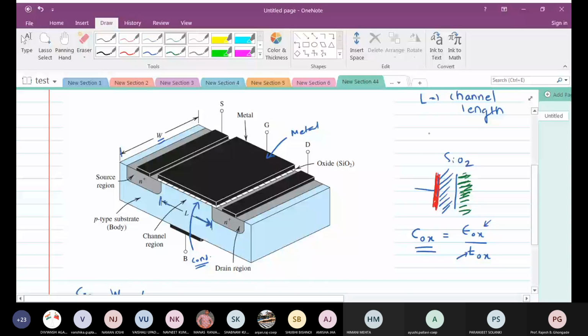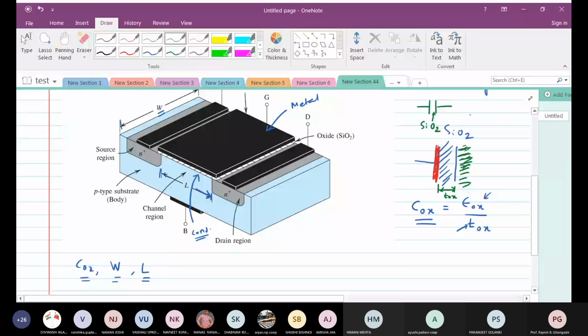So as if we are looking at a capacitor. Is the construction clear? And they are separated by a dielectric, which is our silicon dioxide. So all of you know that the capacitance is equal to the permittivity divided by the distance between the two plates. So this is the thickness of the oxide layer, TOX. All right.